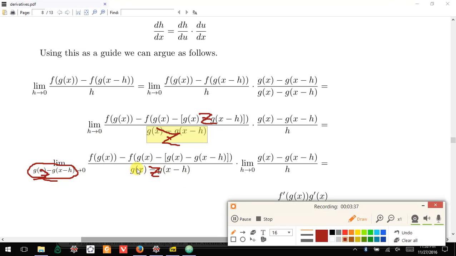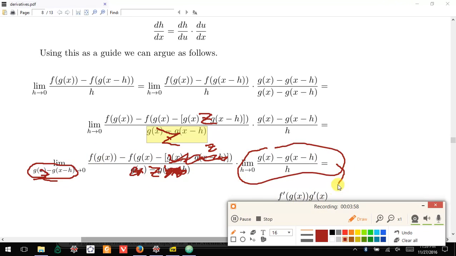And so rather than having this noise, just think of it as some variable z that goes to 0. That's all we really need there, and that's exactly what we have there. So this really is the derivative of f with g inside of it. And this, as I've said, is g prime, and there you have it. That's the proof of the chain rule.